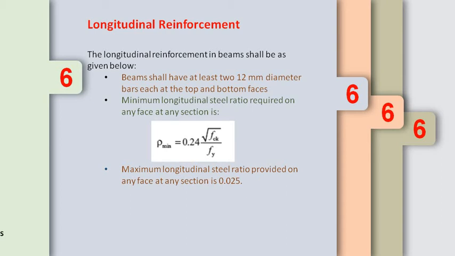Longitudinal steel in beams at any section on top or bottom face shall be at least 1/4 of longitudinal steel provided at the top face of the beam at the face of the column. When the top longitudinal steel in the beam at the two supporting column faces is different, the larger of the two shall be considered.